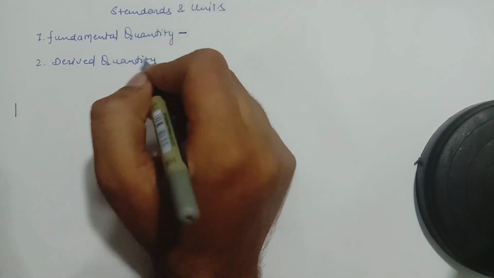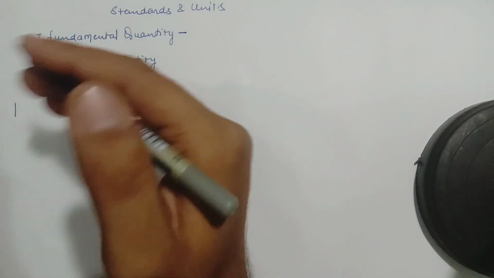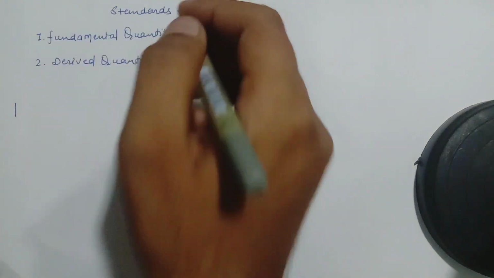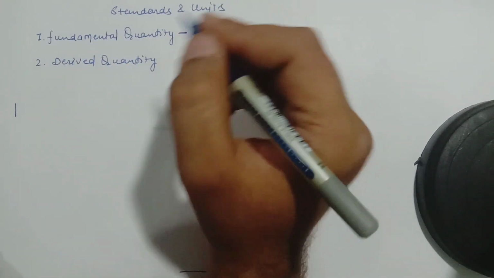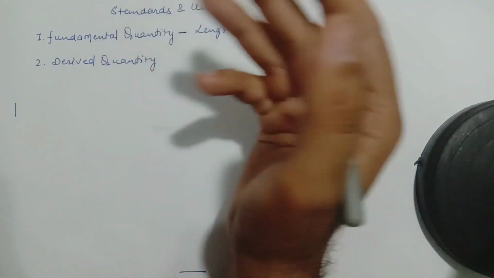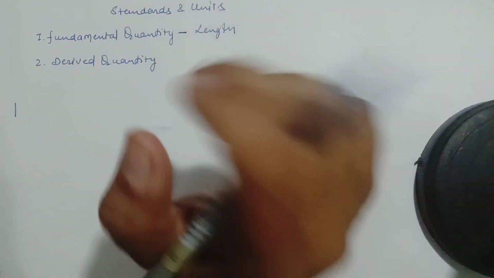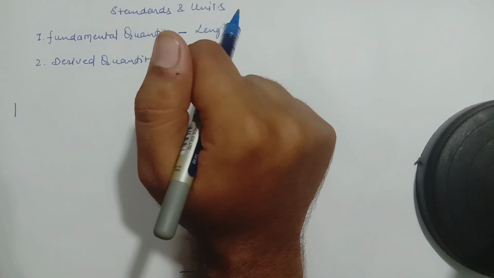So a fundamental quantity is a quantity which can be measured directly. Like if you want to measure a length, what will you do? You will pull out the ruler and match the endpoints and you can measure the length.